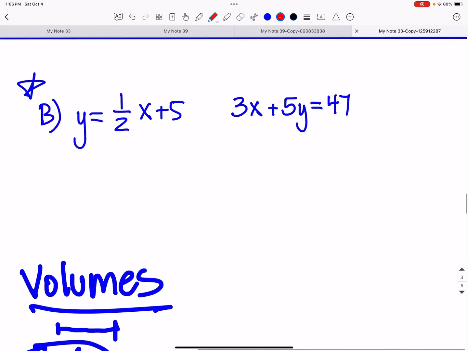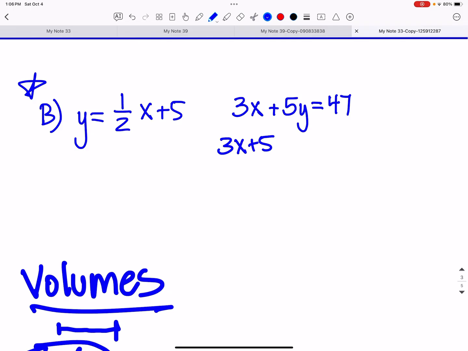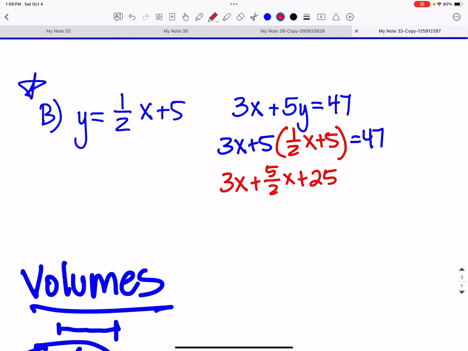Over here, let's see. Okay. 3x plus 5 times 1/2 x plus 5 equals 47. Let's see. 3x plus 5/2 x plus 25 equals 47.